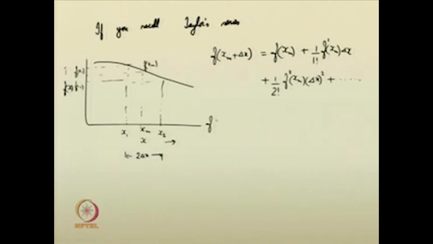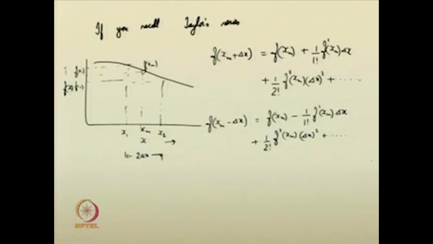Similarly, according to the Taylor series, f of x m minus del x can be easily written in terms of the known functional value f of x m as f of x m minus 1 by 1 factorial f dash x m into del x plus 1 by 2 factorial f 2 dash x m del x whole square, and the series goes on like that.